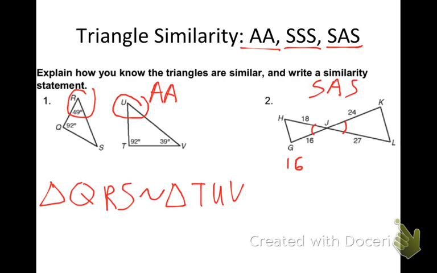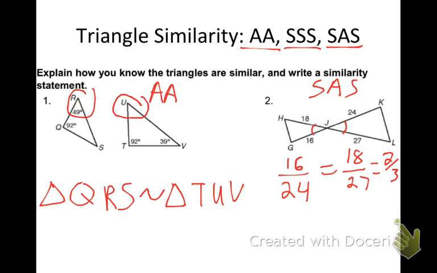That's fine. I want you to set up, so 16 is matched up with which side, though? Oh, but it's 16 over 24. Good. 16 over 24 equals 18 over 27. And that is true, because all of that simplifies to 2/3. They would both be 2/3. The other way works to solve it. That's fine. I just wanted you to put the same ones on top of each other.